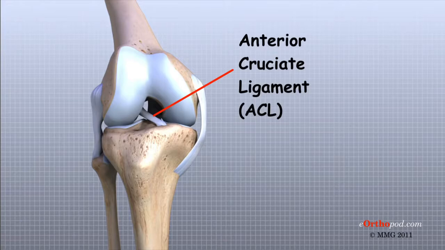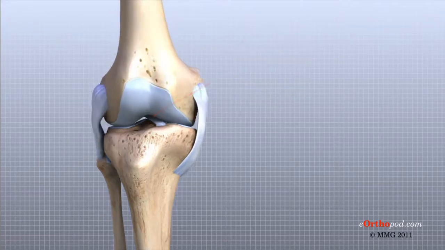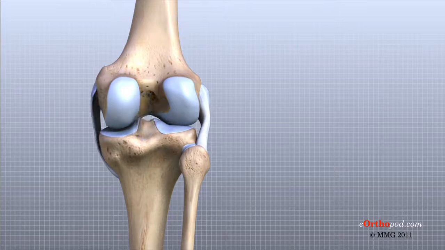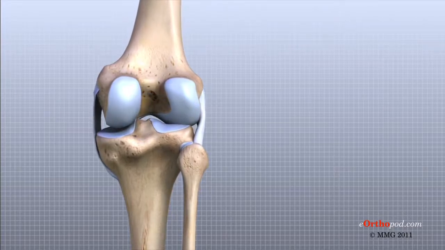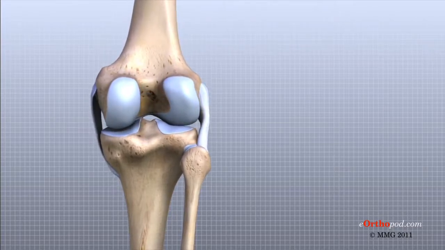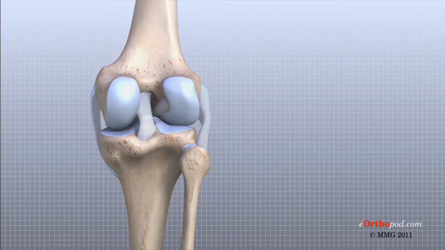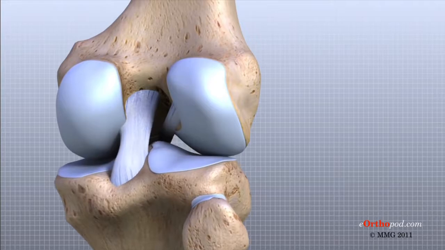The anterior cruciate ligament, or ACL, in front, and the posterior cruciate ligament, or PCL, in the back. The MCL and the LCL prevent the knee from moving too far in the side-to-side direction. The ACL and the PCL control the front-to-back motion of the knee joint.